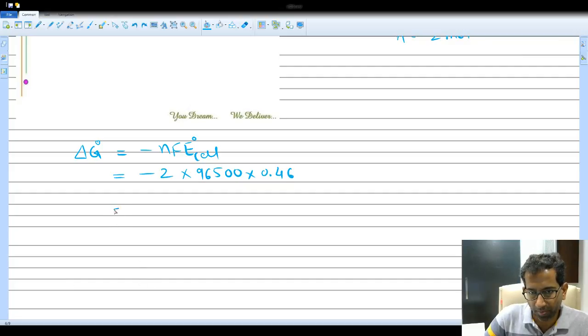And it comes to minus 88780 volt coulomb, and that is minus 88780 joule.